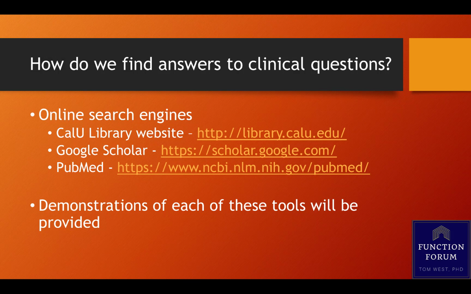So really any of those three will probably give you the same type of information. But again, the library website will provide you the most full text options for you to download immediately. I'm going to make a video for each of these tools to give you a quick glimpse of how they all work and how we can search them, etc.